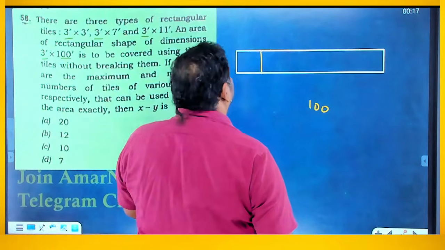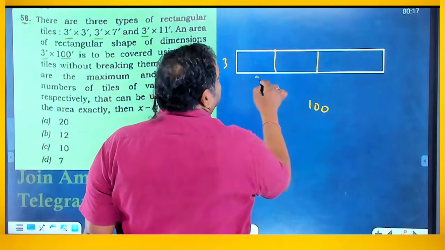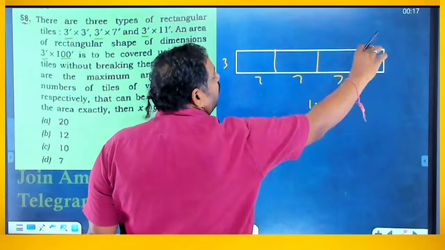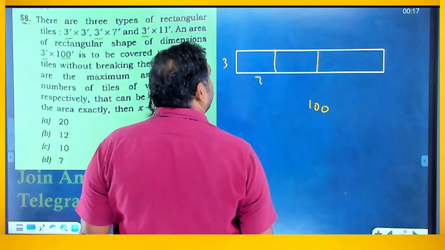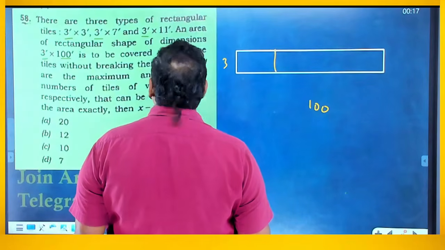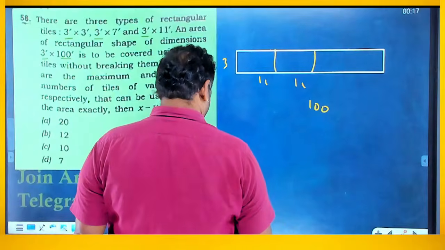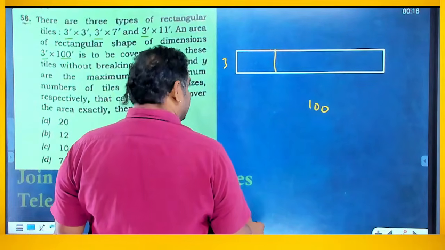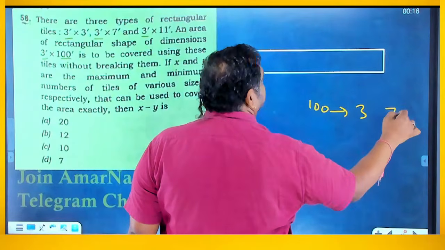So then if you take 3 by 7, 3 by 7, 7, 7 and so on, na? This is 7, 7 changes, but this is fixed. Only one row you will get. These 7s and 3s, you have to equate to 100. Or else even 11, right? So 11, 11, 11 you have to take, right? And so on. That means that this 100 needs to be filled by using 3s, 7s and 11s only.